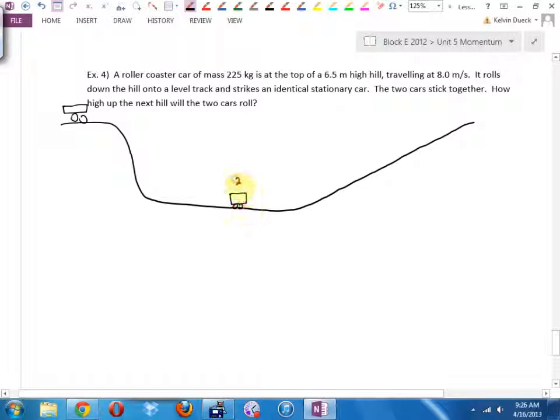So here's car 2, here's car 1, and then they'll roll off together up a hill, and we want to find height h.